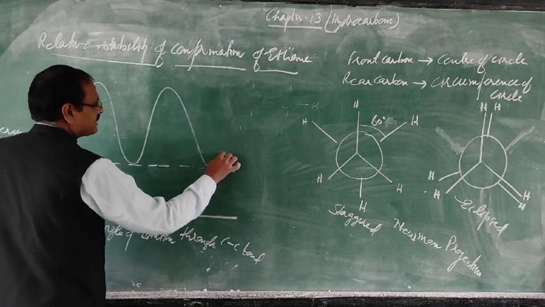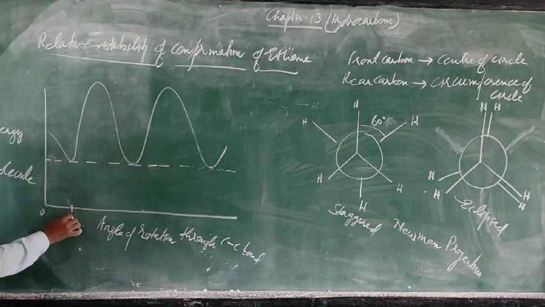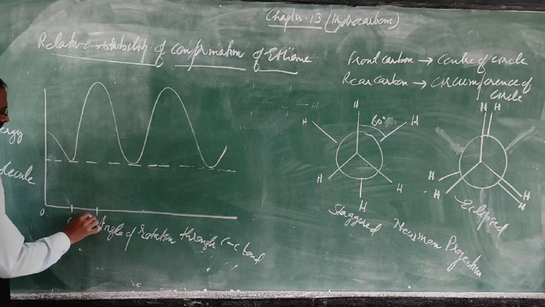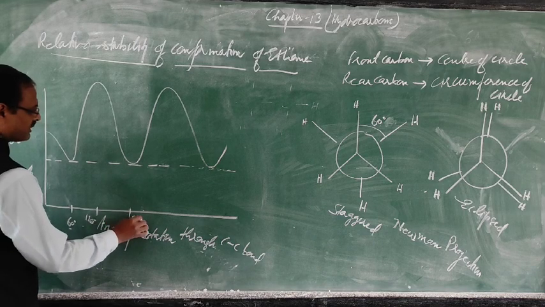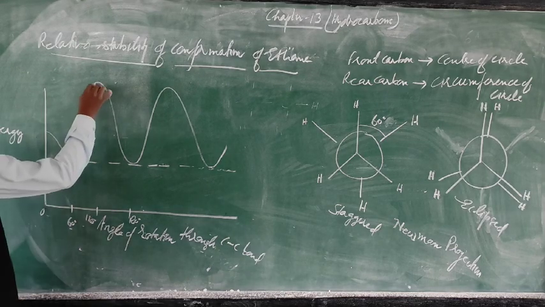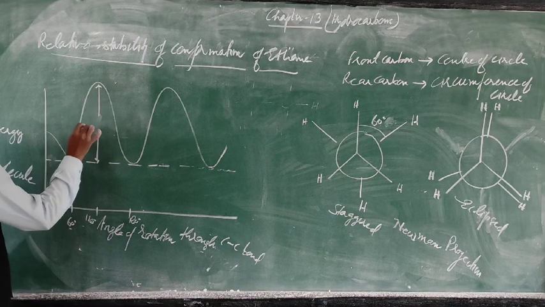Like this it will be going: 0, 60 degrees, then 120, here 180. This one is the lower energy, and this energy barrier is 12.5 kilojoule per mole.